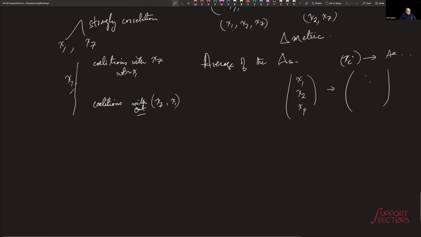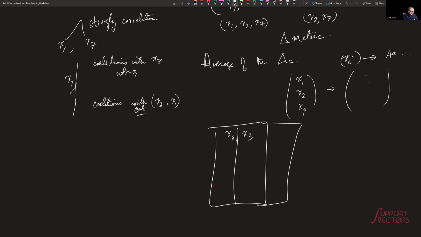So let's take it very realistically. Suppose you took a model in which X2, X3 were present only, right? So you have data like this. Now your data looks like this. Do you see this? This is a coalition. From a game theory perspective, the coalition is made of X1, X2, X3, right?